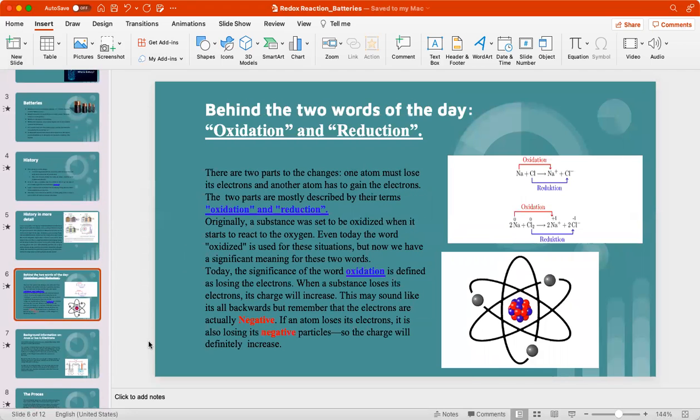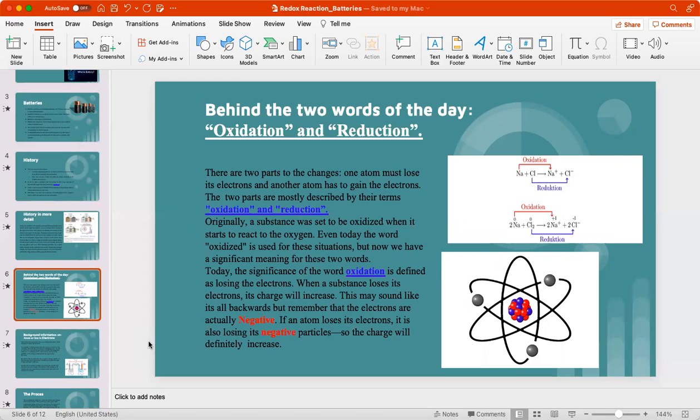Behind the two words of the day, oxidation and reduction, there are two parts to the change. One atom loses electrons itself, and another gains electrons.